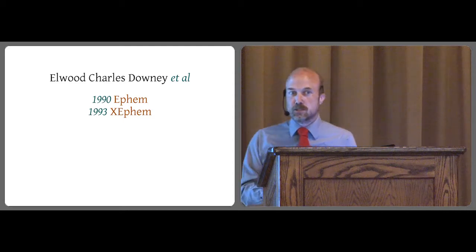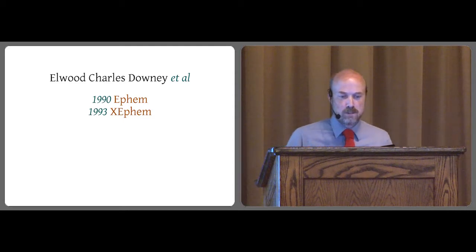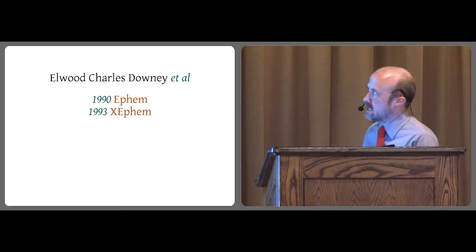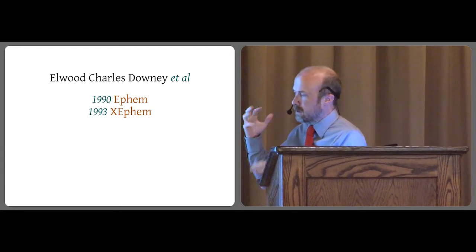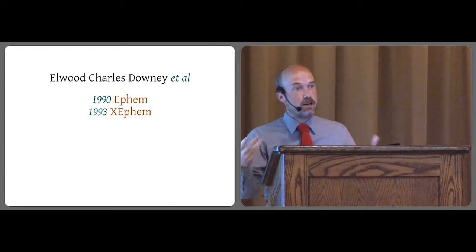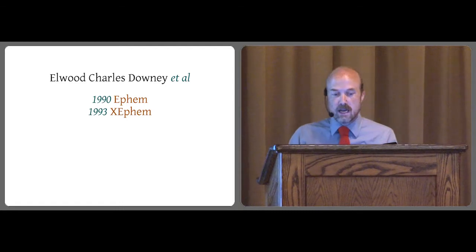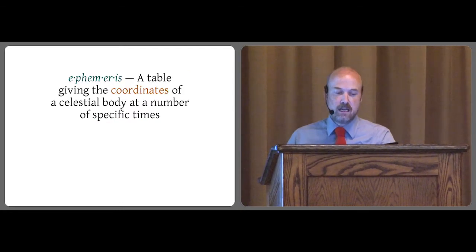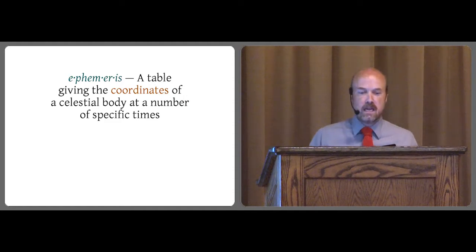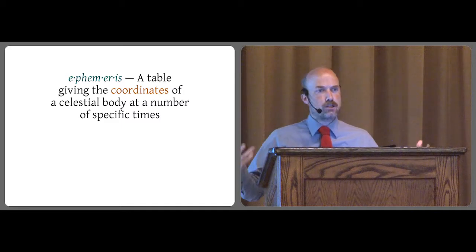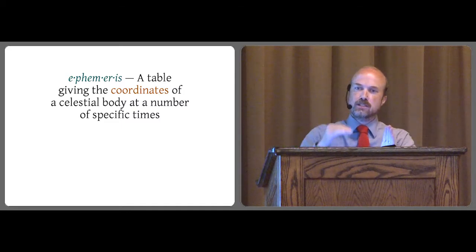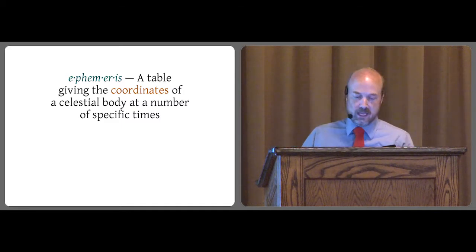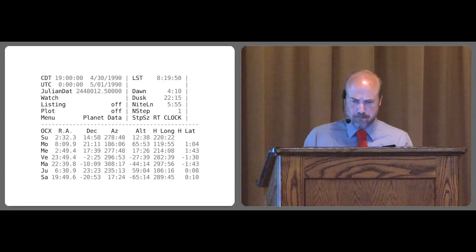He's a professional astronomer who works on radio telescopes, and he came up with two different programs that he shared the source code to on the early internet, EFIM in 1990 and XEFIM in 1993. The names came from an ephemeris, which is the old Latin term for a table of predictions about where something will be on a given night in the night sky.